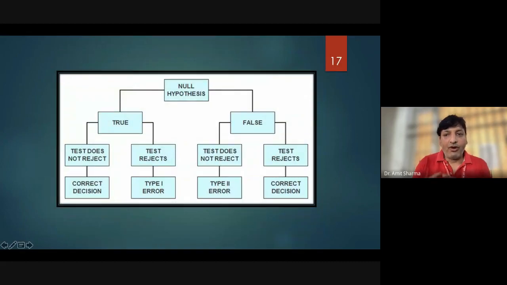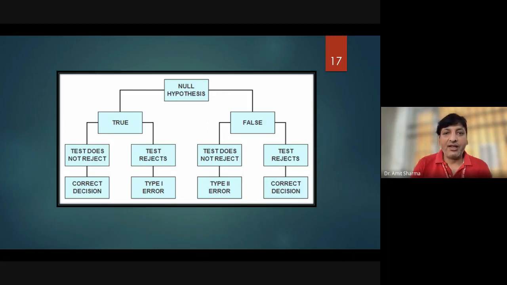So this is the overall chart, which will let you know in what cases your null hypothesis is true and in what cases your null hypothesis is false. Because we will not discuss that much about the alternative. Finally we are going to end our research by quoting a result that our results were found significant or not significant.